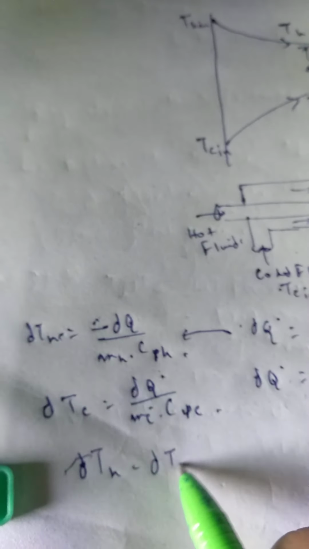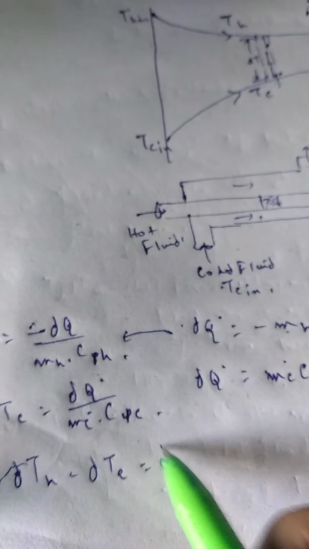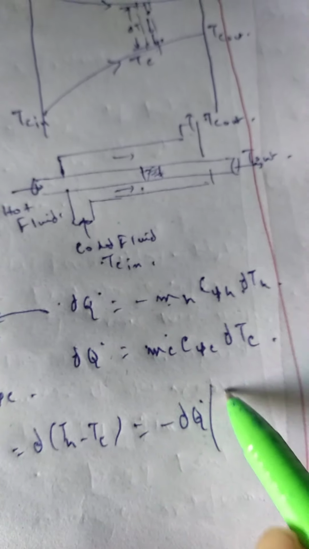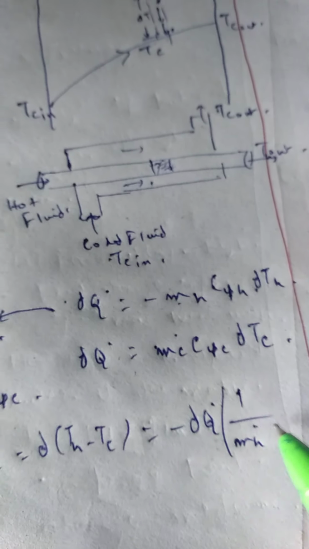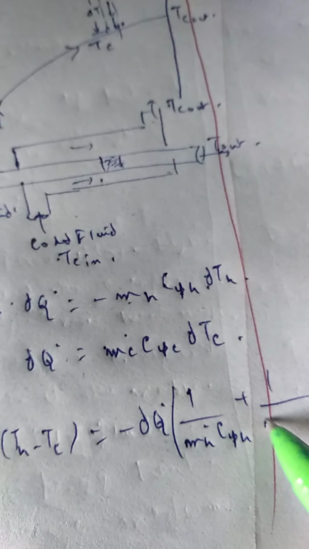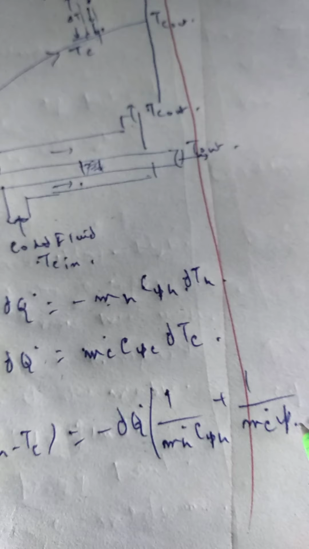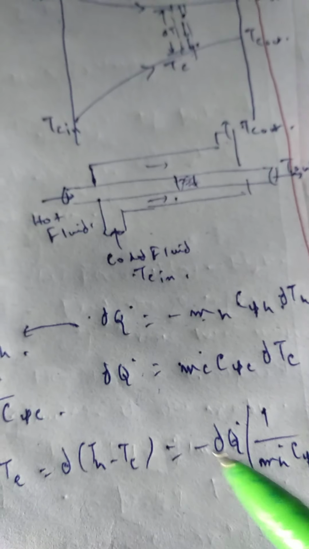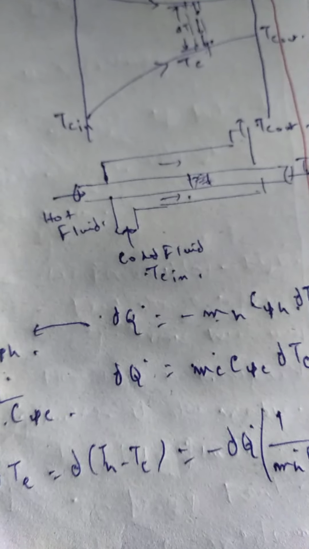Now taking the difference, dTh minus dTc is equal to d of (Th minus Tc), which is equal to minus dQ times (1 by mH Cph plus 1 by mC Cpc). So this is the temperature difference.